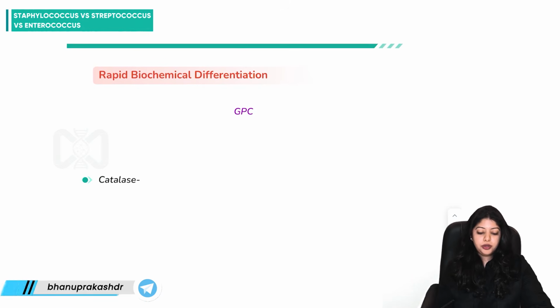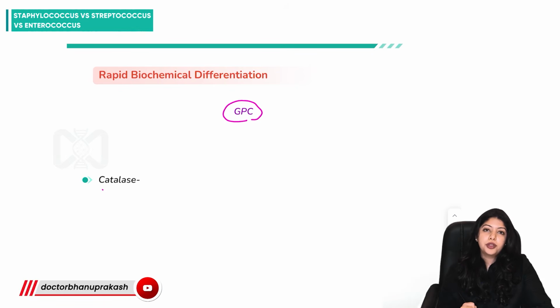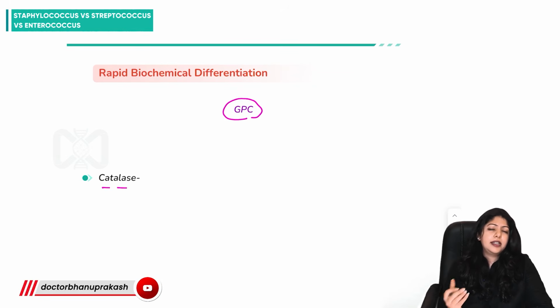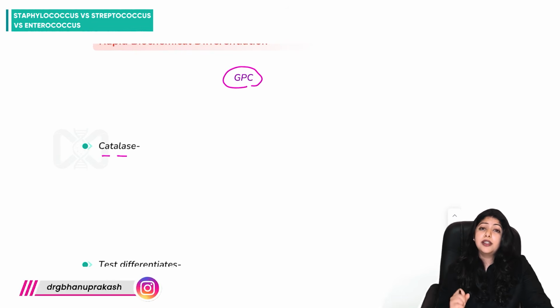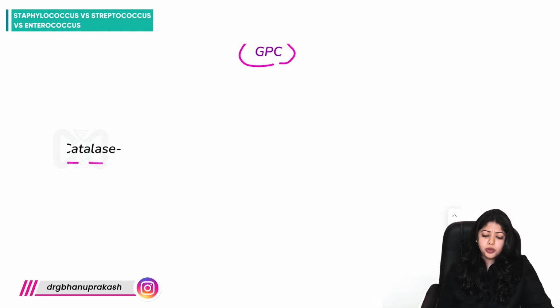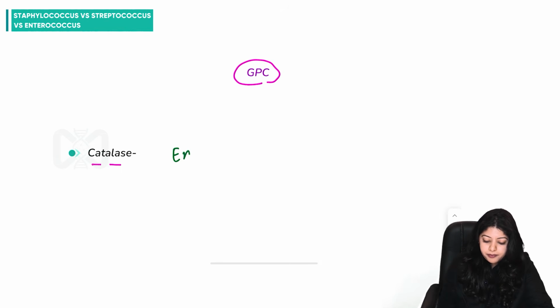So now moving on to the biochemical differentiation. Firstly, all three of these are gram-positive cocci, right? And we have certain tests that we already discussed: Catalase, Coagulase and certain hemolysis shown by these bacteria. The very first test that we perform, looking at the colony morphology, is the Catalase test, right? So what exactly is catalase? Catalase is nothing but an enzyme.